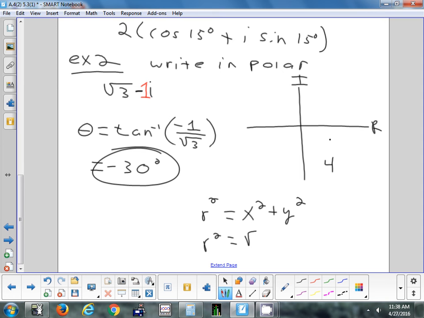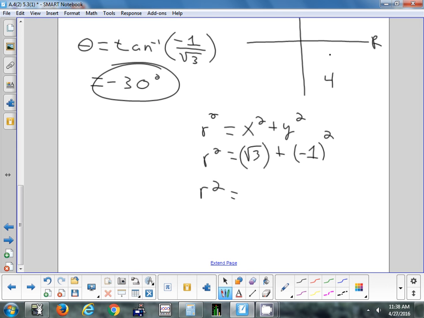Good, square root of 3. And Stephen, can you tell me what my imaginary part is? Careful, negative 1. -1. Again, no letters should be plugged into that formula, just numbers. Okay, let's do it and see what we get.